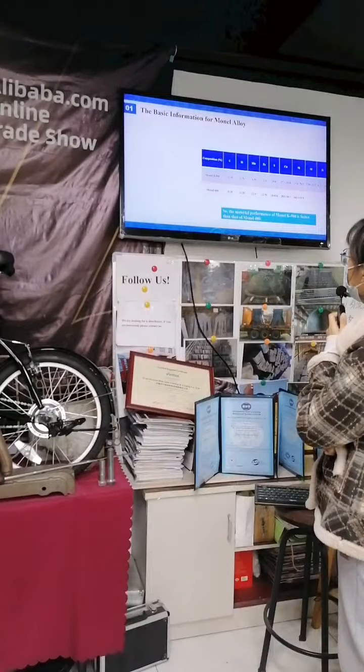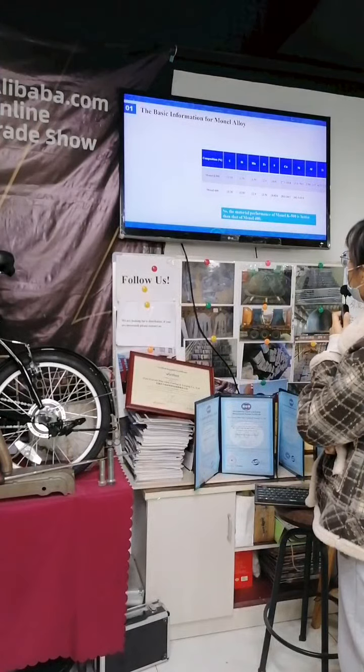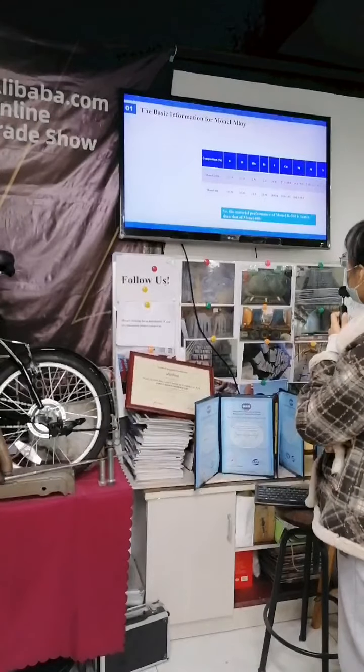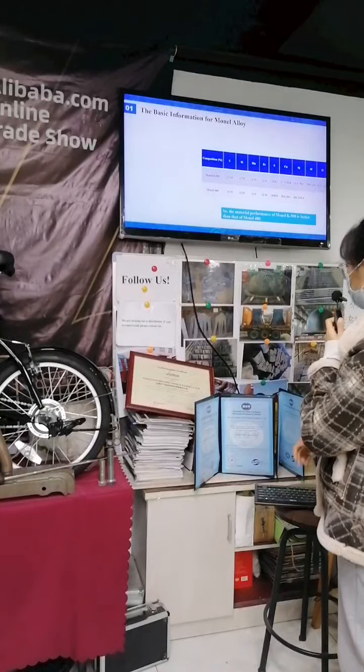You can see the components of Monel 500 and Monel 400. See the difference of their components.